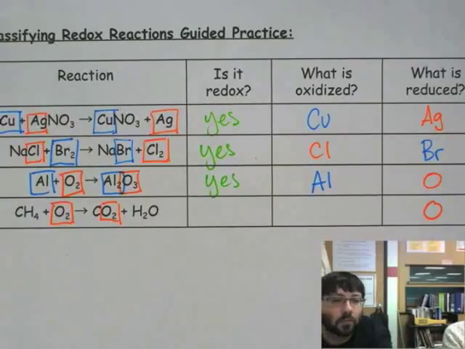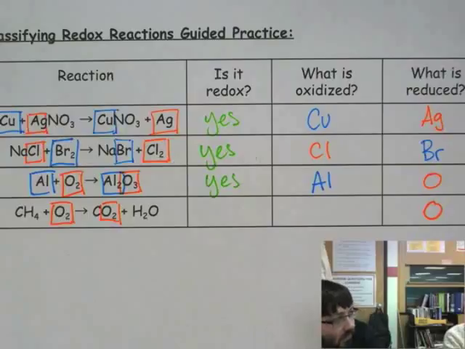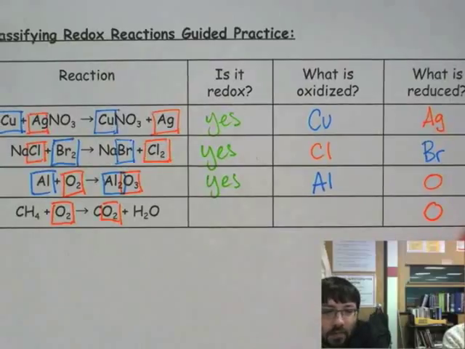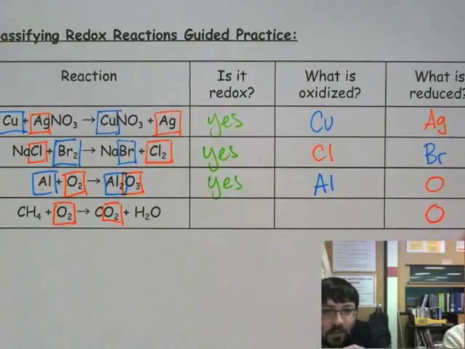But this is so strange because we don't really have a metal here. And we also don't have a non-metal that was part of a compound and now it's all by itself. But we did have a non-metal that was by itself and formed a compound. So we know we're probably looking for something that's being oxidized. The trick is figuring out which one it is.